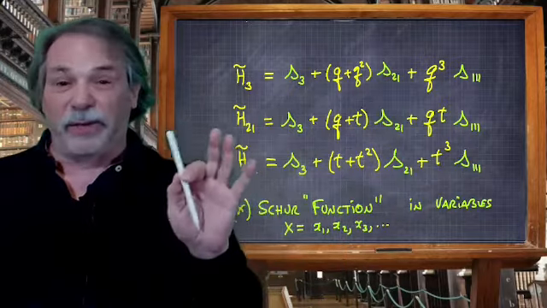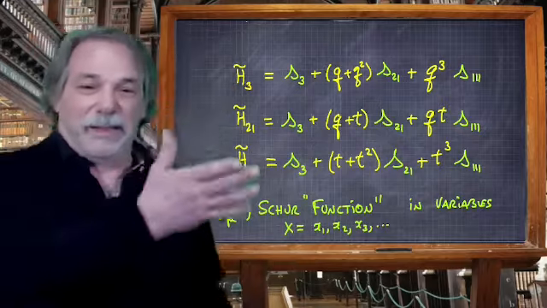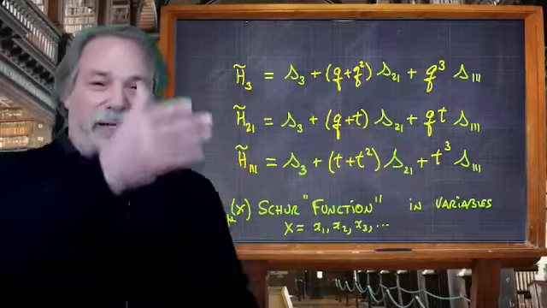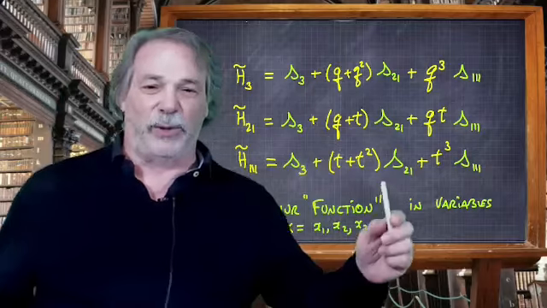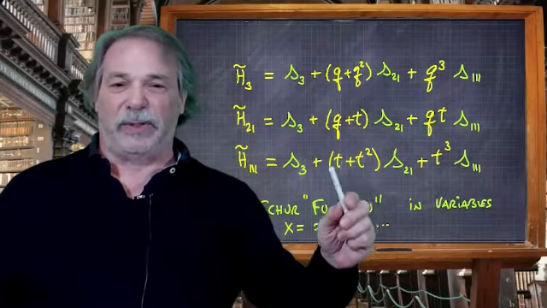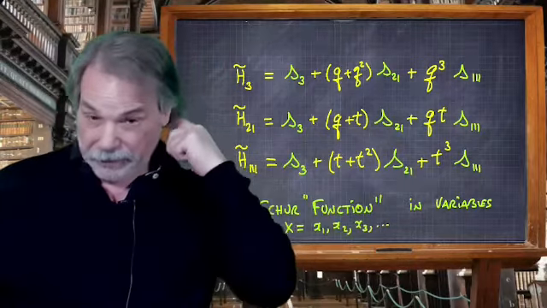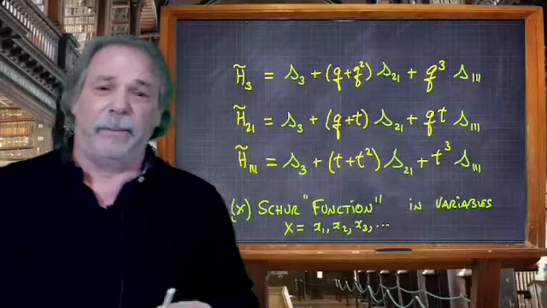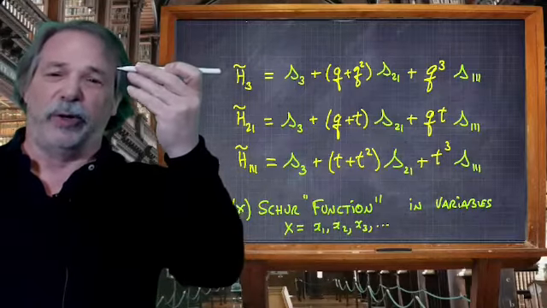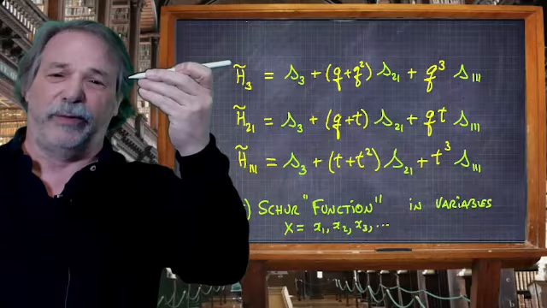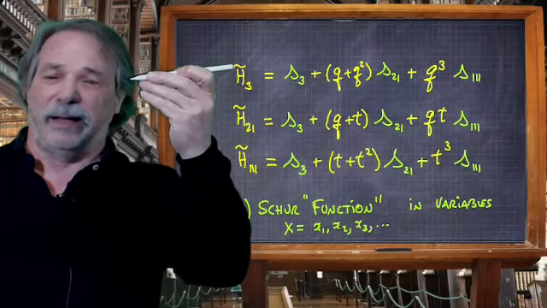No definition yet, although this is a definition of the H3, H21, H111, but I've not told you yet what's the rule to put these coefficients. Now, if you're new to the subject, you might wonder why there is a tilde at the top here.